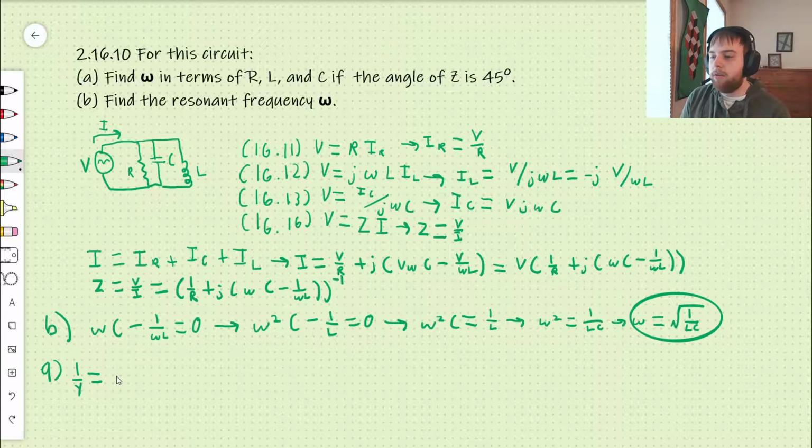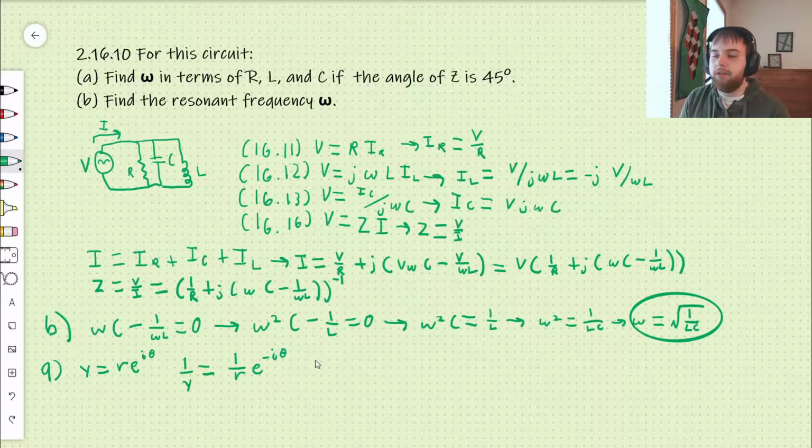So 1 over y, when y is a complex number, it's the same as, okay, well, if y equals r e to the i theta, then 1 over y equals 1 over r e to the negative i theta.